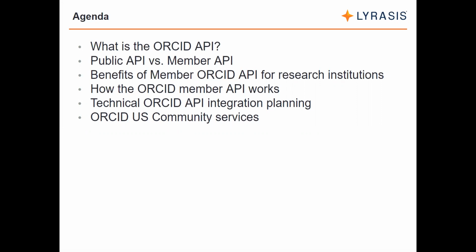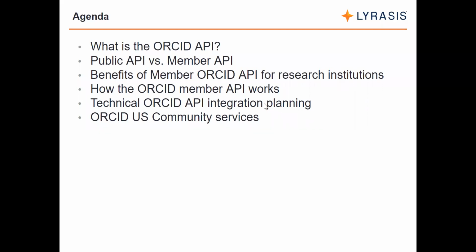I'll cover the basics of how the ORCID member API works. We'll cover some advice on planning for your own technical API integrations. And then I'll wrap up with talking about the ORCID US community, the services we provide, and what we can do for you. If you have any questions as we go along, please type those into the chat, and I will have time for questions at the end of the session.